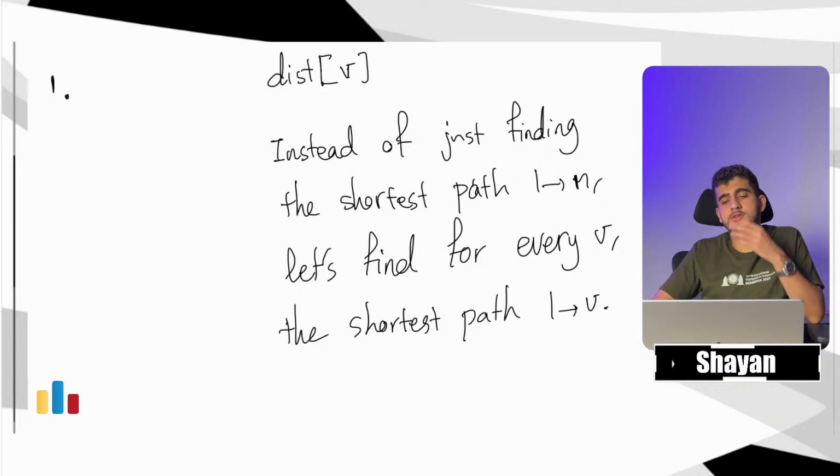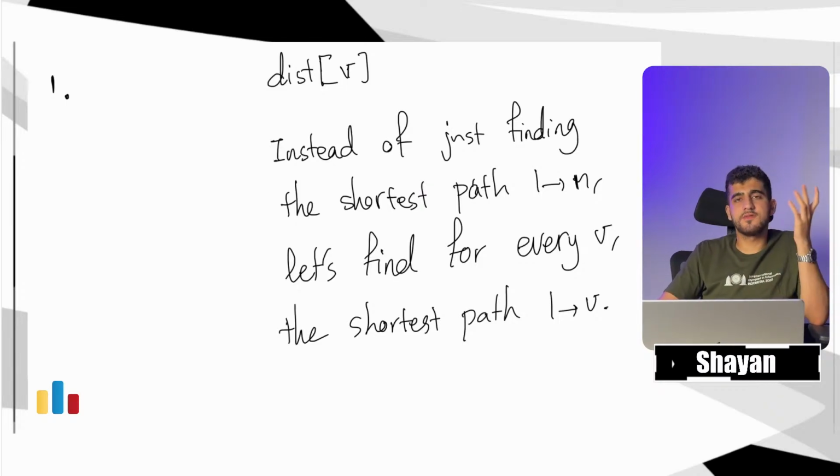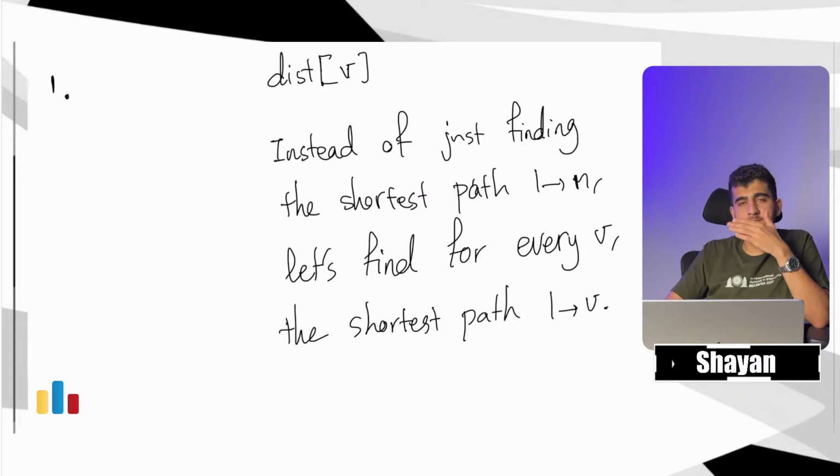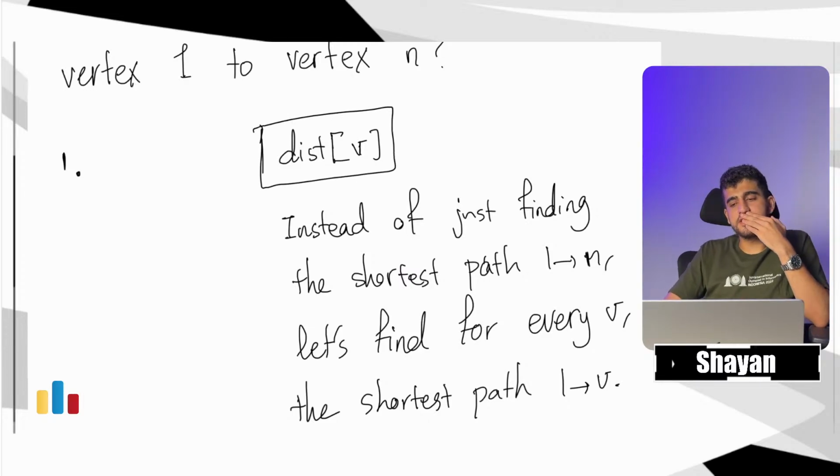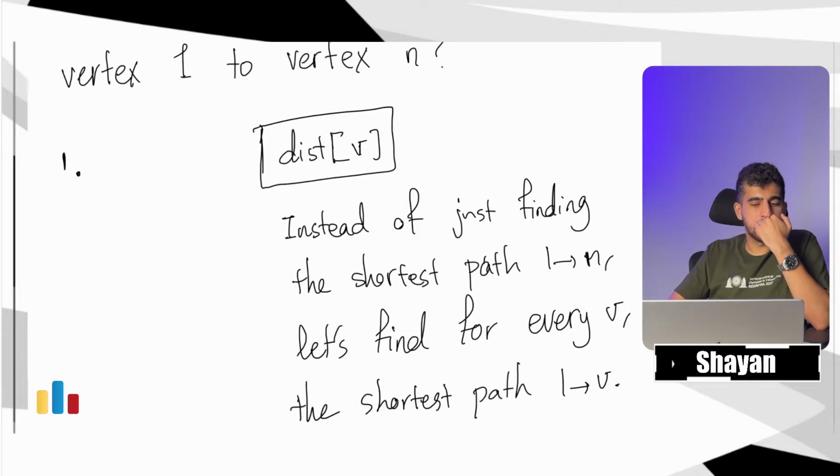So what I'm trying to do is, instead of just solving it from 1 to n, I want to find the shortest path from vertex 1 to each vertex v. And I call it d[v]. It's an array named this. d[v] shows what the distance is if I start from vertex 1 and go to every vertex like vertex v.